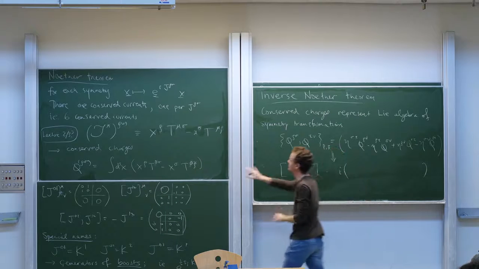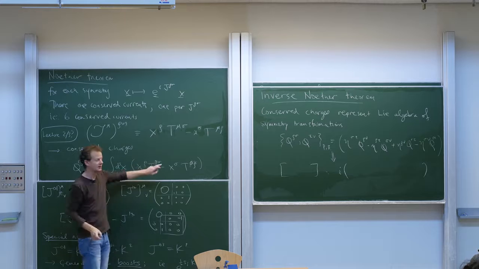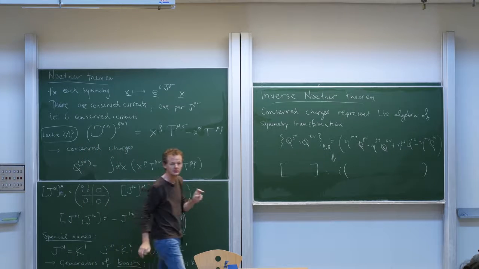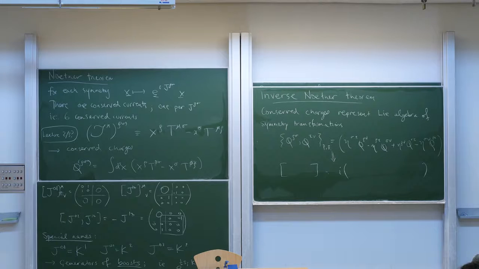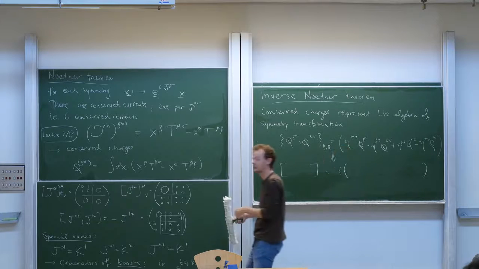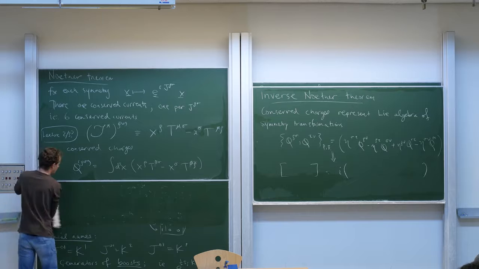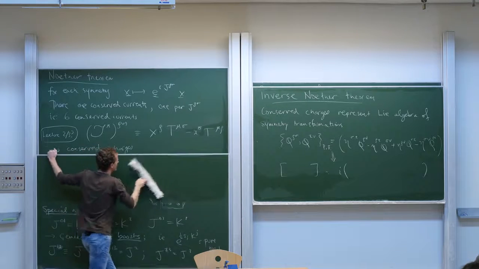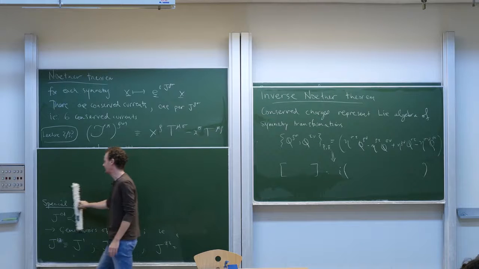Because we know what this thing is in terms of field operators. We know how to put hats on these things. So we sincerely hope that we're going to write down some Hermitian operators that obey the Lie algebra of the Lorentz group. And then hence, we'll have a representation of the Lorentz group on state space.